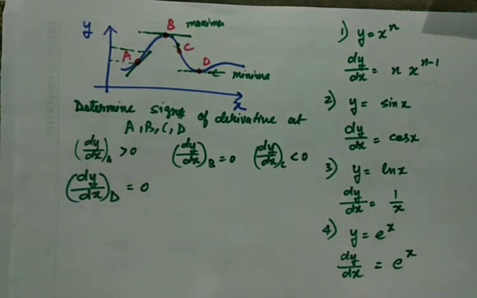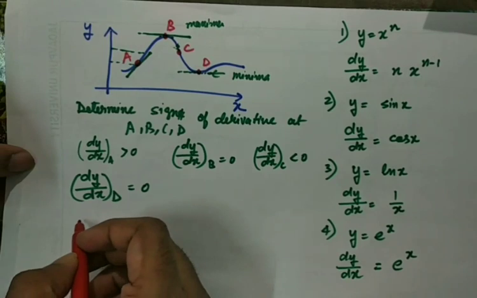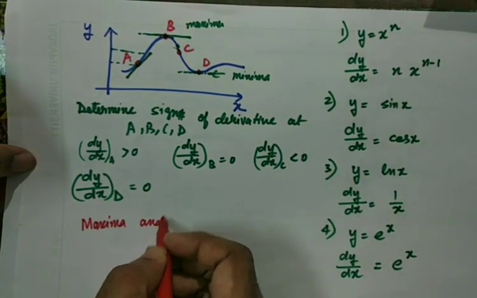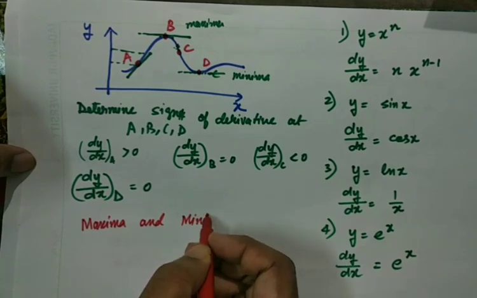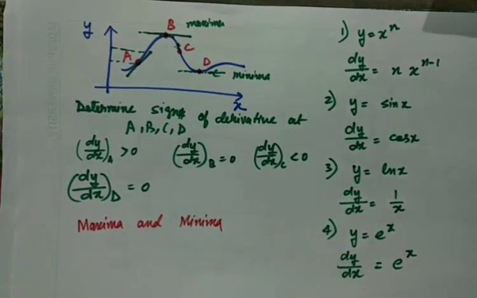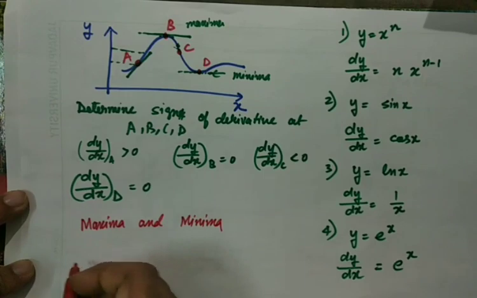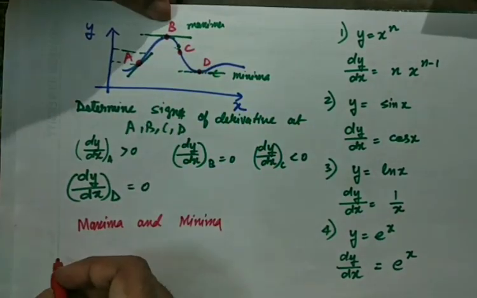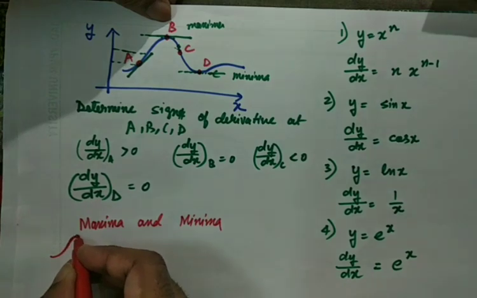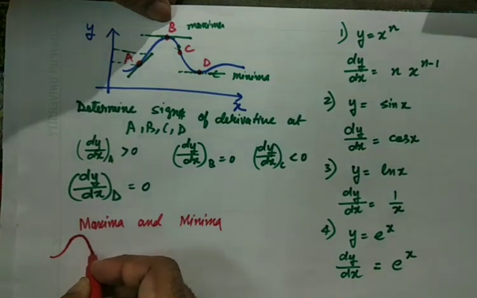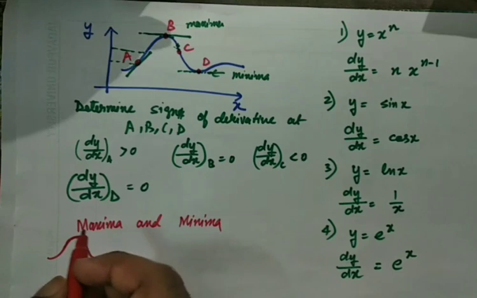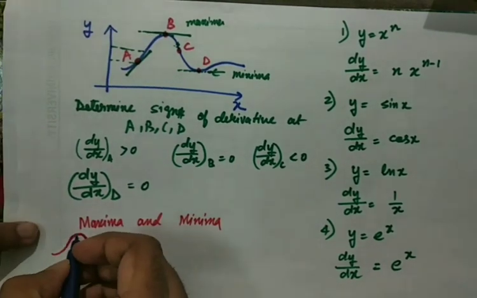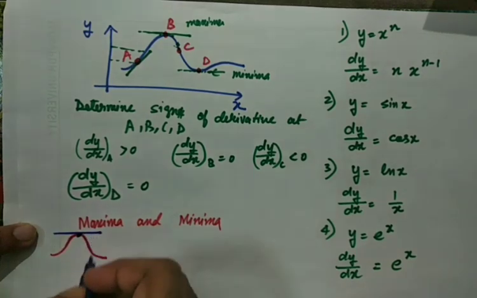There is another important concept from differentiation, that is maxima and minima. As we observe from this example, when the curve is reaching up to a maximum point, and again its value is decreasing, there will be one point at which the tangent will be parallel to the x-axis.